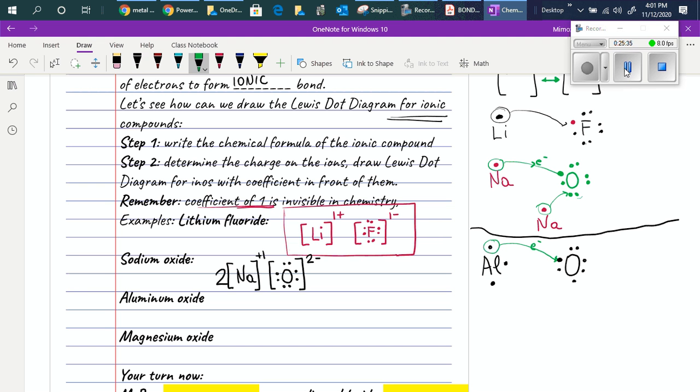Okay, the other electron of aluminum is going to complete the other bonding electron of the oxygen. Okay, good. We're good. So now the valence shell of the oxygen is completed here.